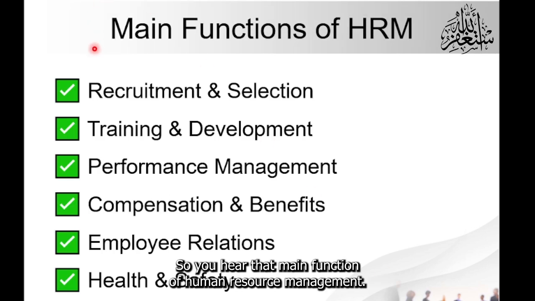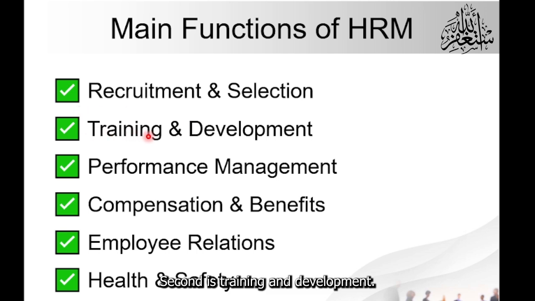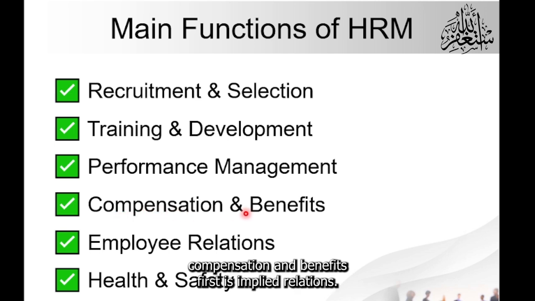Next, see the main functions of human resource management. What are the main functions? First, recruitment and selection. Second is training and development. Third is performance management. Fourth is compensation and benefits. Fifth is employee relations. Sixth is health and safety.